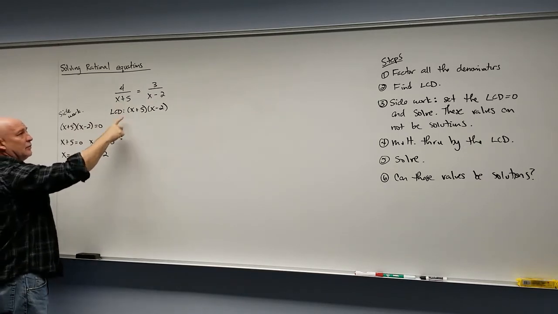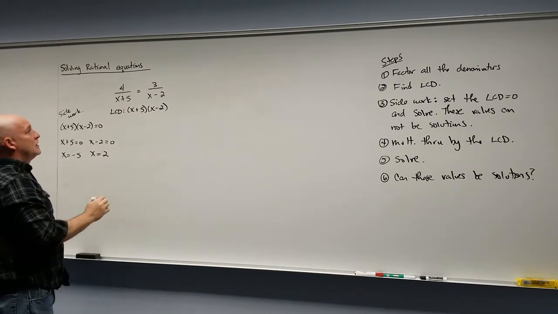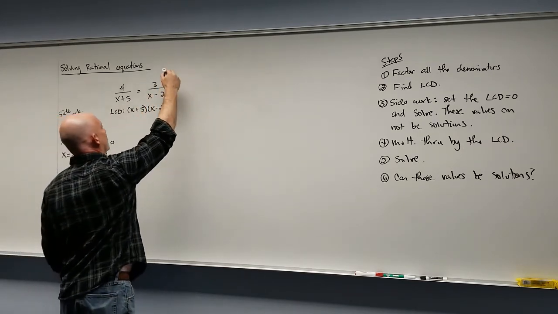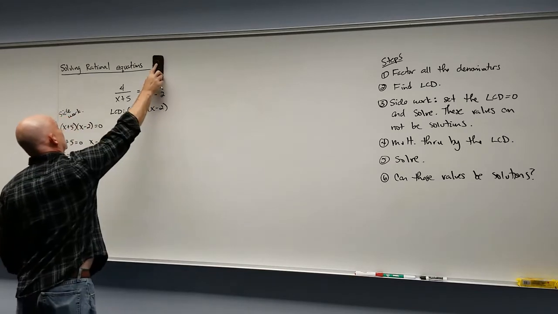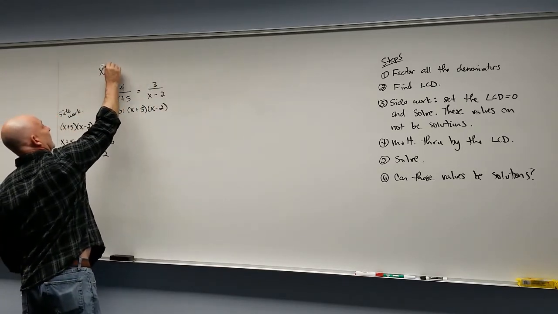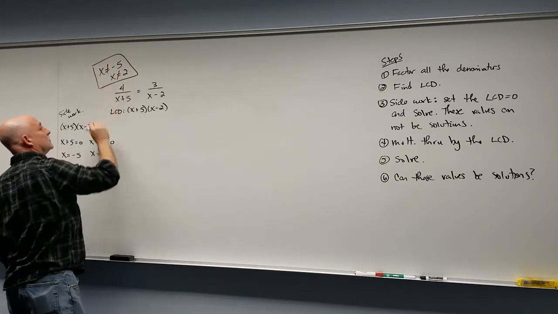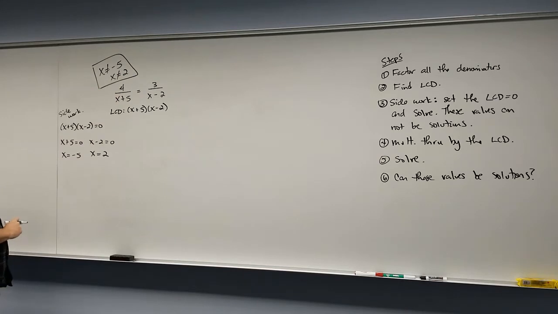Same thing for the 2. It's fine here, but it would make that denominator 0. So the easiest way to remember is, somewhere around your problem, write something like this: x cannot be -5, x cannot be 2, just to remind ourselves at the end.